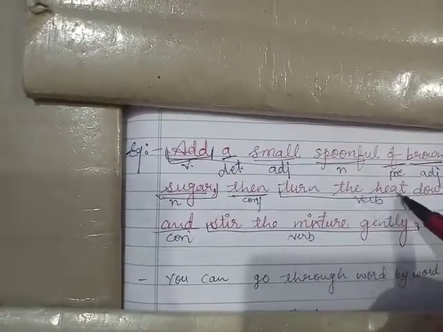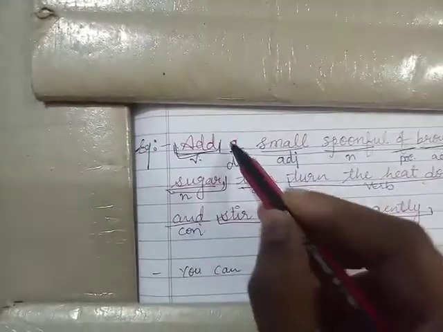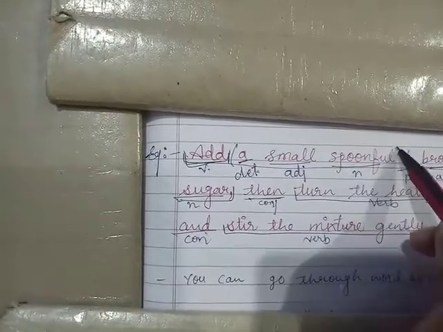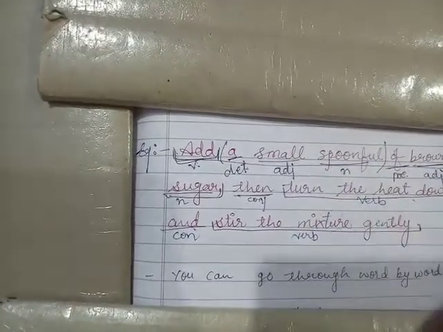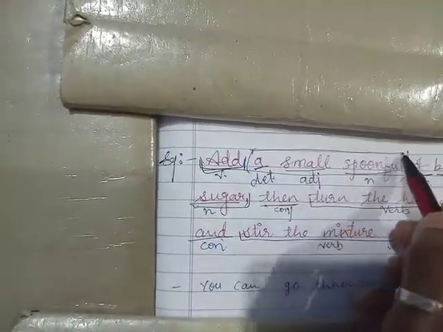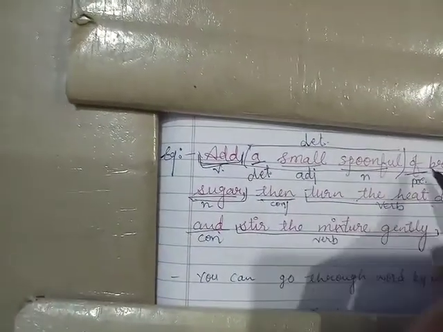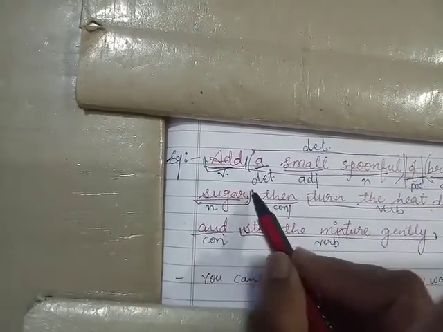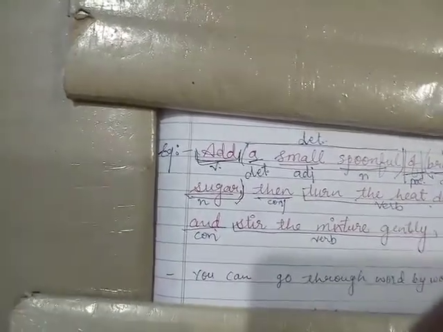Of course, you can go through word by word, and here I would like you to look again. A small spoonful altogether can be taken as a determiner phrase, and of is a preposition. Brown sugar altogether can be a noun.